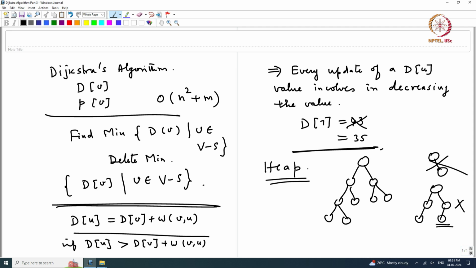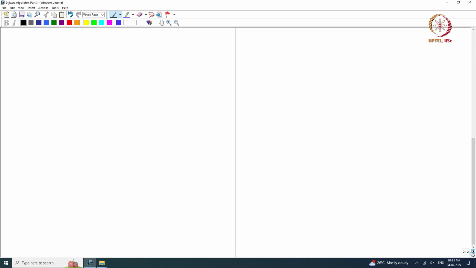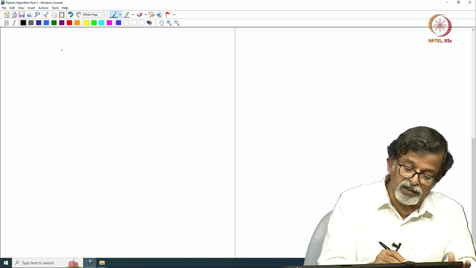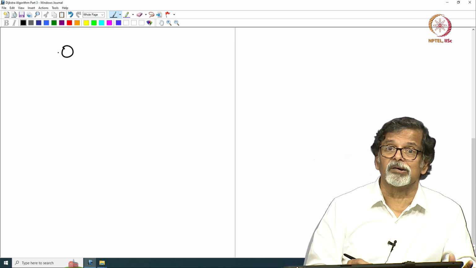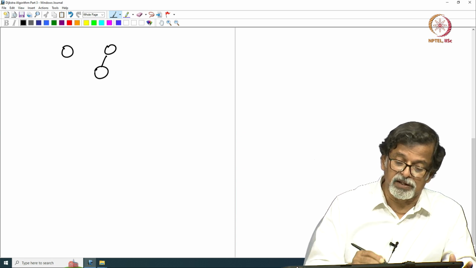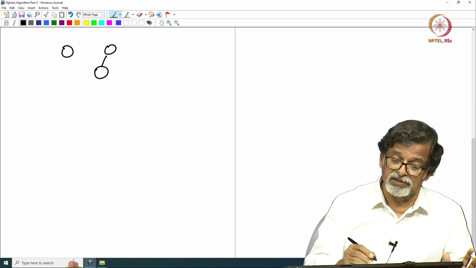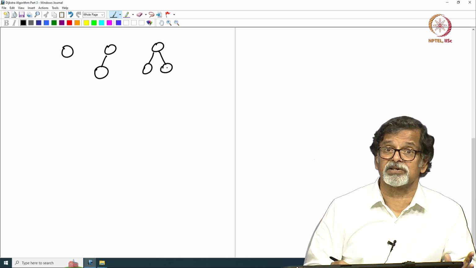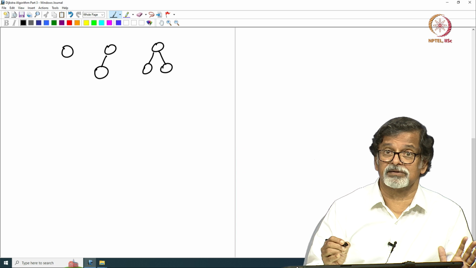It has to be as much to the left as possible in the last level, which means the heaps are unique. There is only one heap structure for a given number of values. A heap of size 1 can look only like this. A heap of size 2 can look only like this, and a heap of 3 has this structure. There is no other way, right?